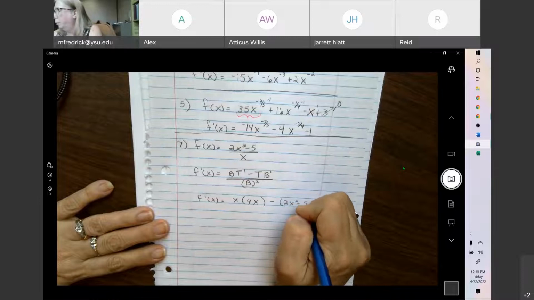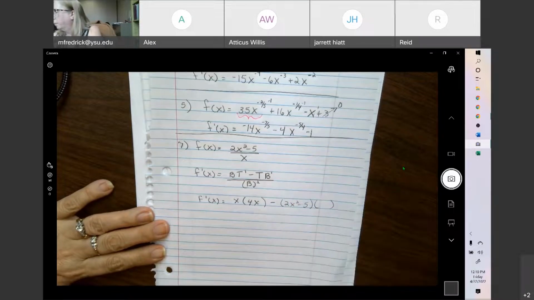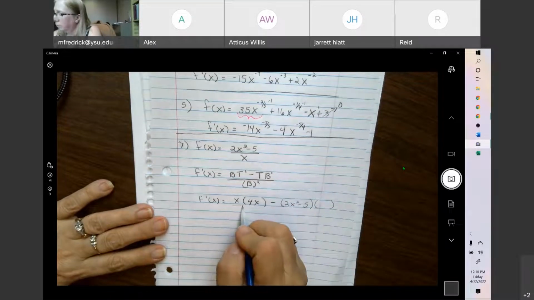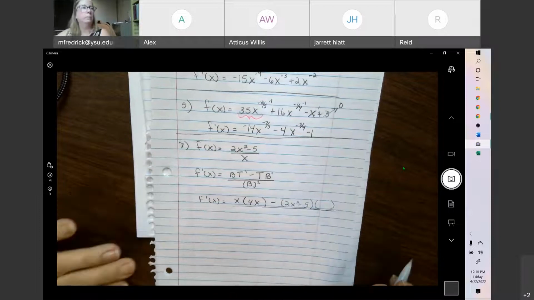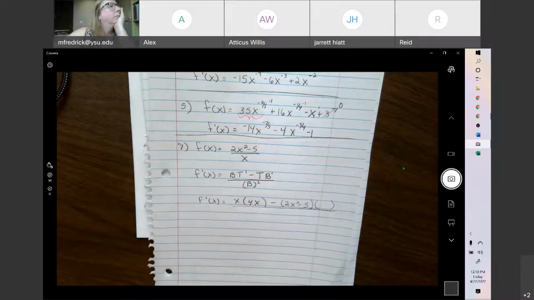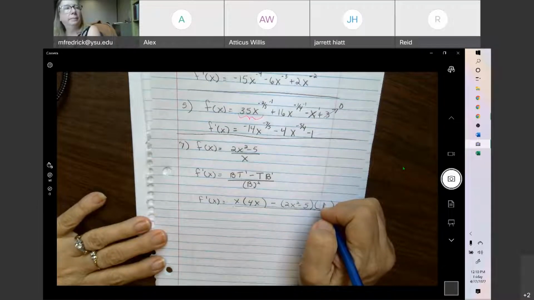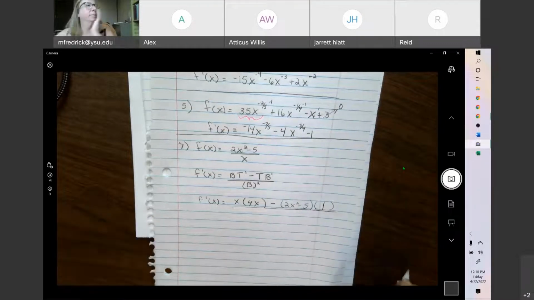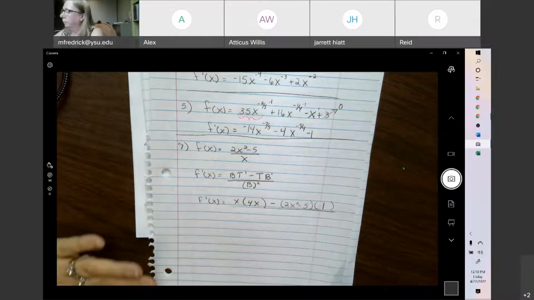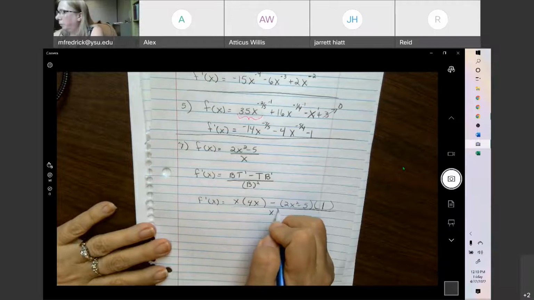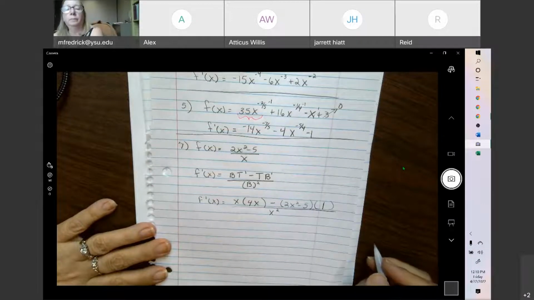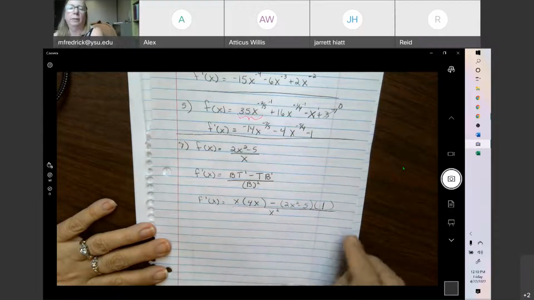And what's the derivative of the bottom? Anyone? Yes, 1. All over the bottom squared. Any questions on that part?